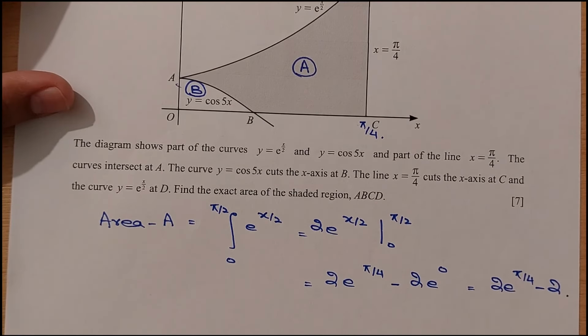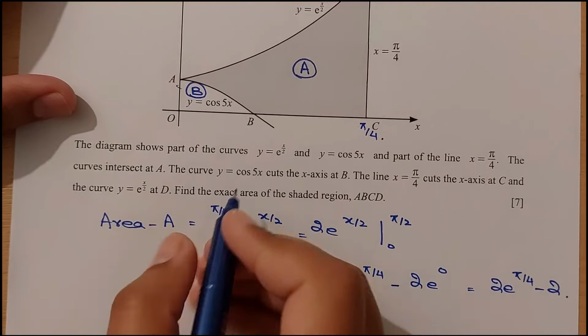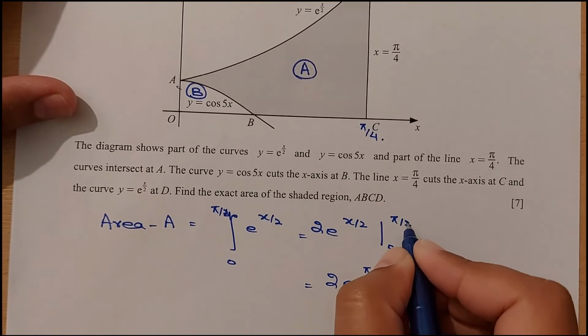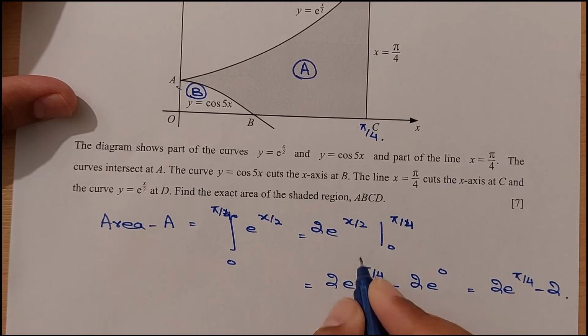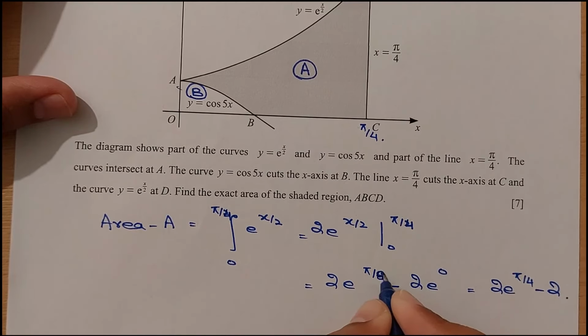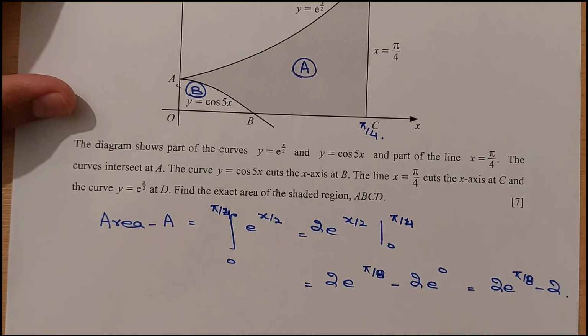Sorry, the upper limit is pi by 4, not pi by 2, and with the 1 by 2 in the exponent, pi by 4 times 2 gives pi by 8.